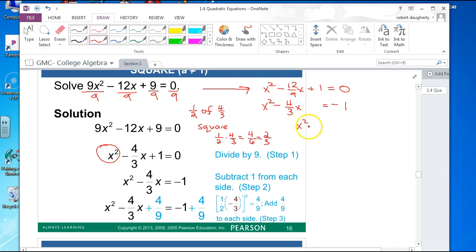So x squared minus 4/3 x plus 2/3 squared equal negative 1 plus 2/3 squared. Now the reason we do this is the left side simplifies. This is x, take this sign right here, minus, take this number. This is x minus 2/3 squared.